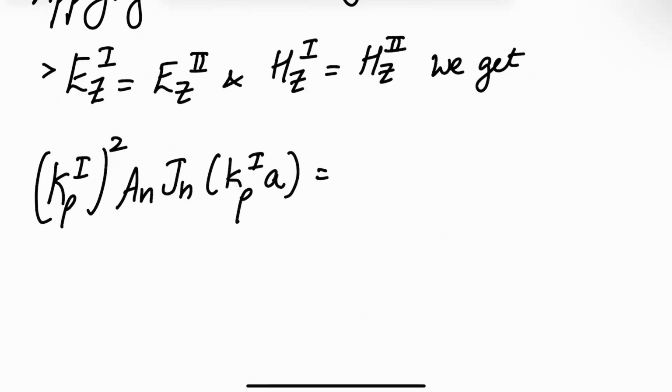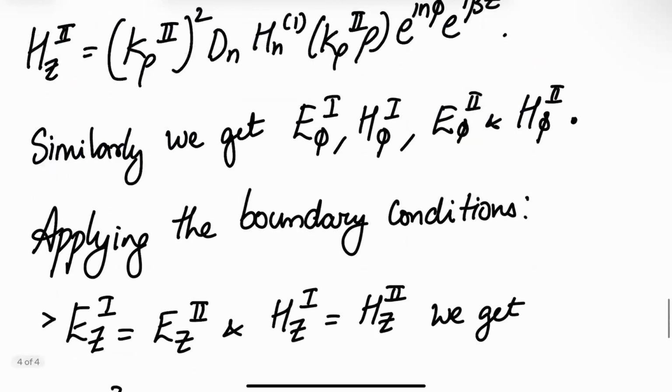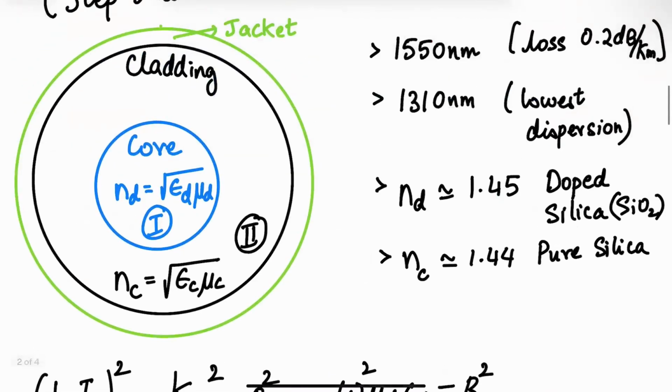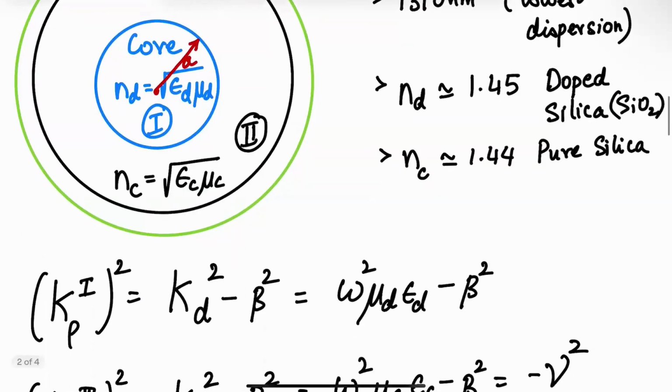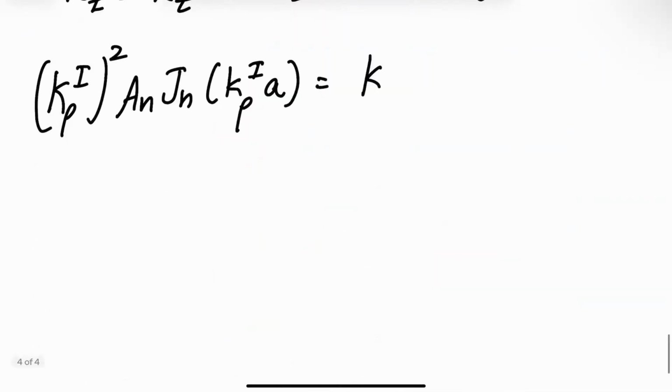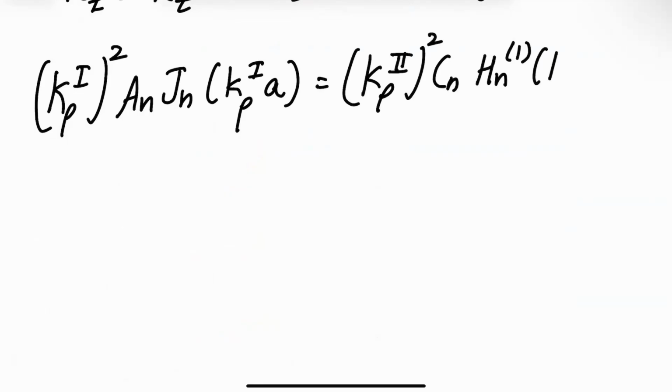Rho is replaced with a because we have the boundary condition at rho equal to a. Maybe I should mention that: this radius here is a. That equals k_rho2 squared, C_n, H_n^(1)(k_rho2 a). That's the first equation.